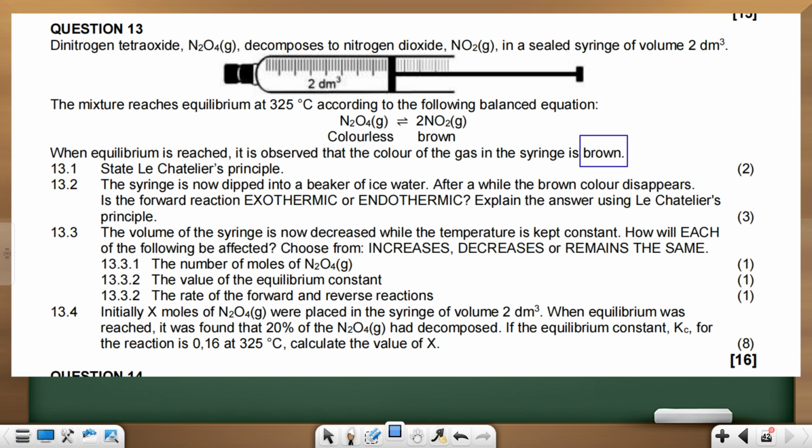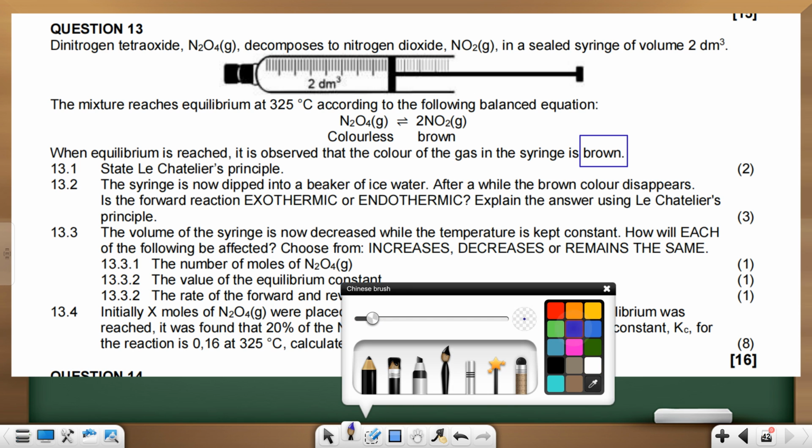Since we decreased temperature, we favor exo, and we see that it's colorless, so the reverse is favored. The reverse is exo. If the reverse is exo, the forward will be endo. I'm done with my 3 marks.